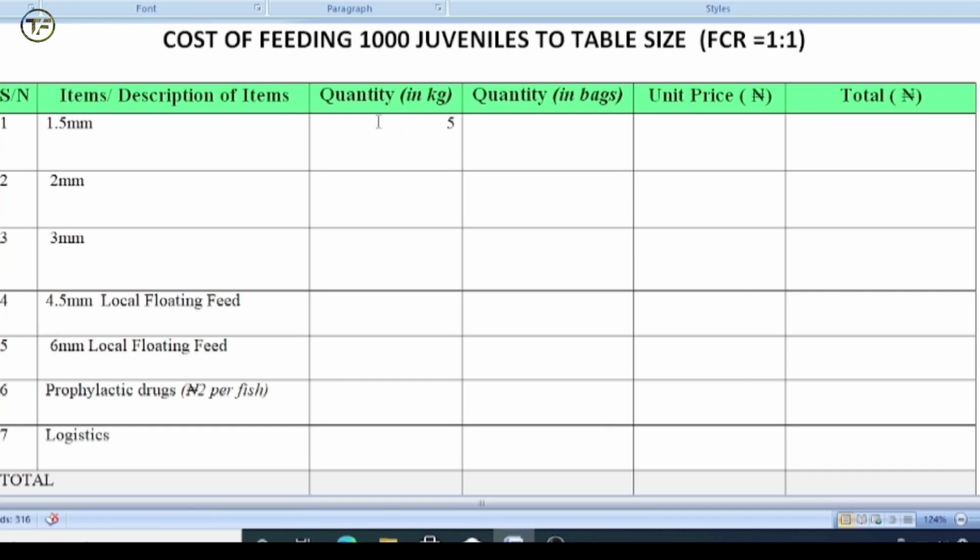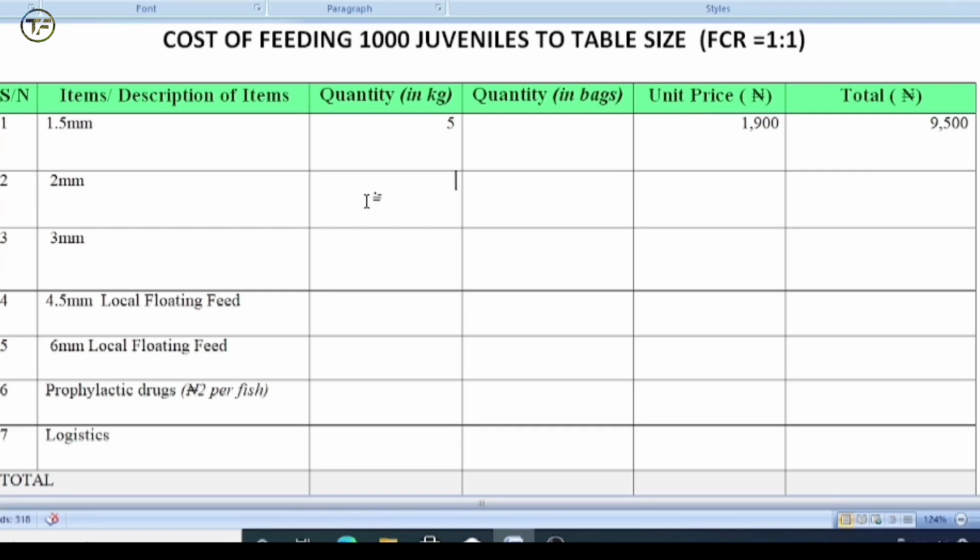The price for 1 kg of 1.5 mm is around 1,900 naira. And then we have our total there. Multiplying this by this, we're going to be having 9,500 naira.